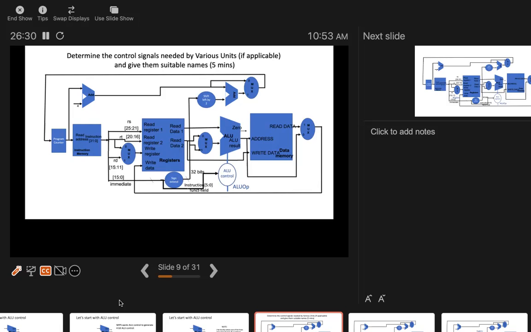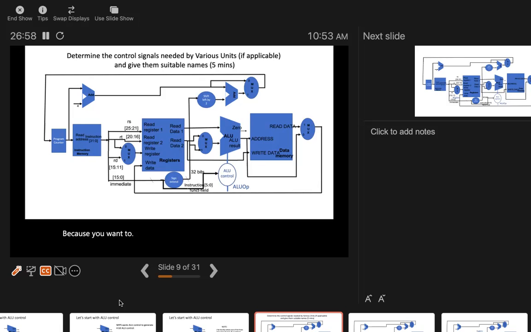Decide whether it's a jump, whether we're jumping, or we're just going to the next step. The one next to the shift. Because you want to add instruction plus.